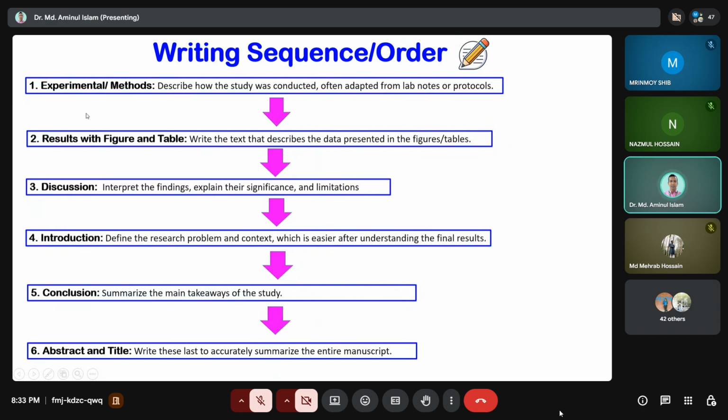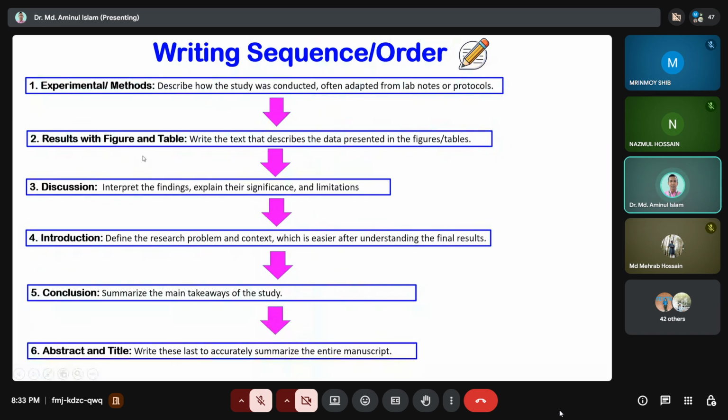Here you can describe how the study was conducted, for example, how experiments were conducted, or you can also explain protocols. Then you can write results with figures and tables, where you can write the text that describes the data presented in the figures or tables.